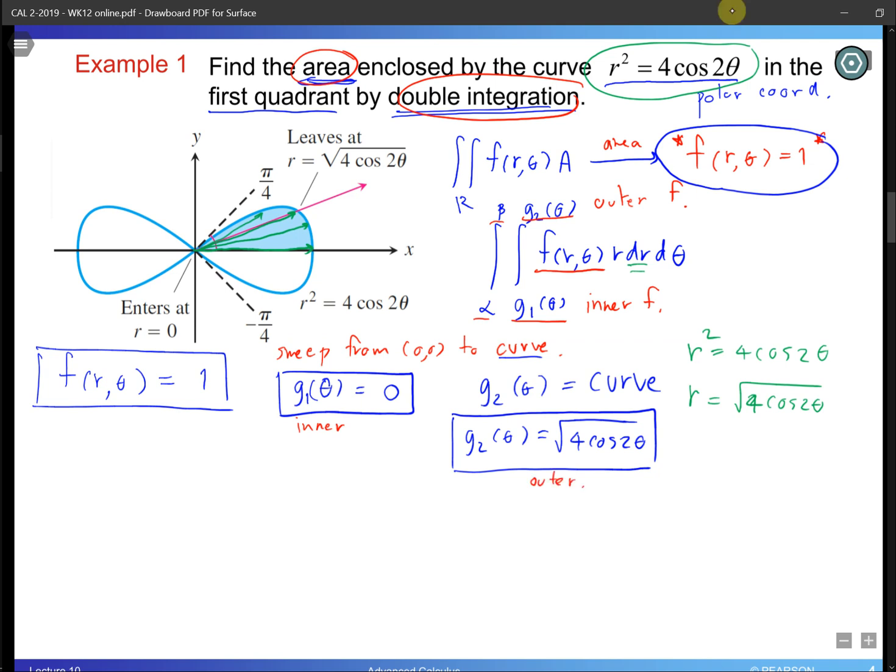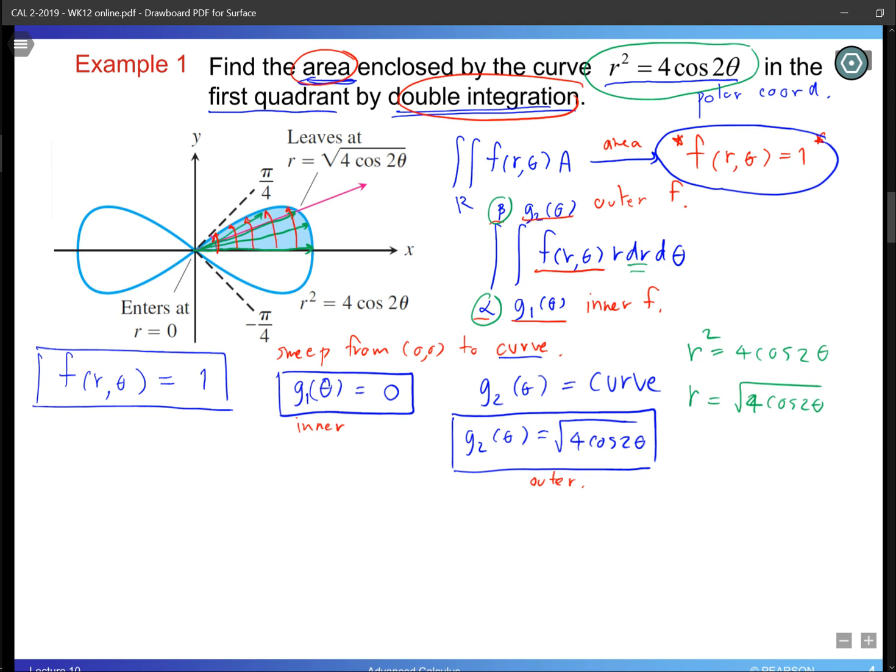Now the rest we need to do is to find out about alpha and beta. This is about sweeping the angle. Let's take a look here. We are going to sweep the angle from here to here, here to here.